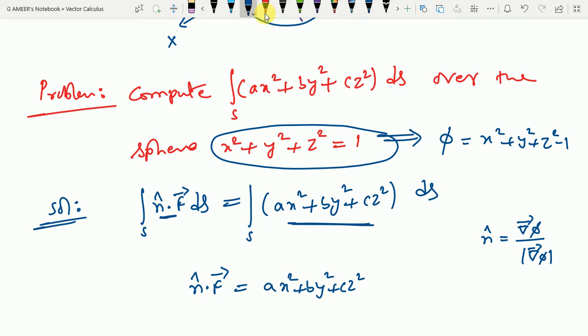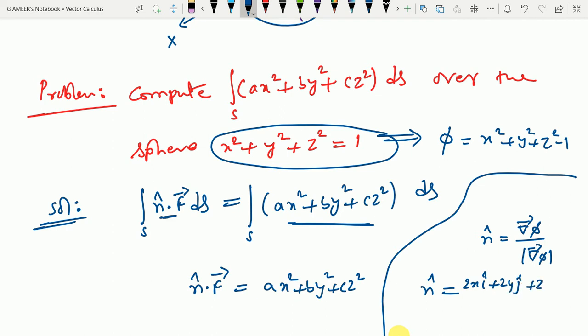When I perform the gradient of phi, n cap will be 2x i cap plus 2y j cap plus 2z k cap, divided by the square root of 4x square plus 4y square plus 4z square.